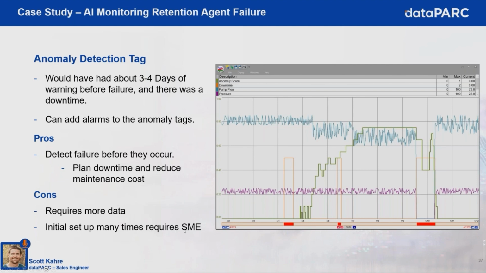In the case of AI, it isn't necessarily requiring a lot of first principles expertise, because the model is using empirical mathematics to build itself. But it does require understanding what's normal, what's not, what's uptime, what's downtime, and being able to select those periods and input that into the training data set.